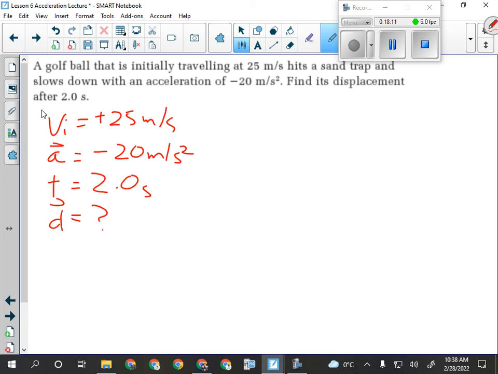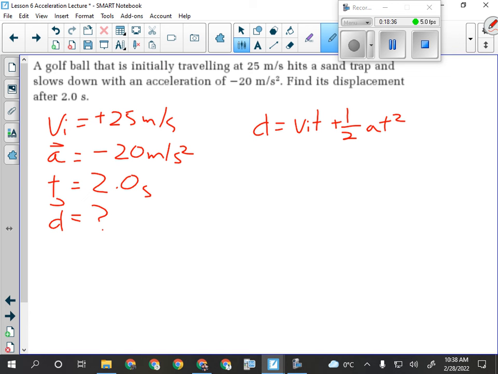I've got VI, A, and T, and I'm looking for D. The first one, right? D equals VI times T plus 1/2 AT squared. That's the formula I've got to use.